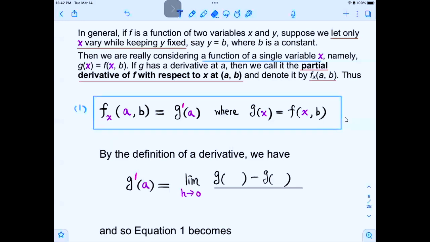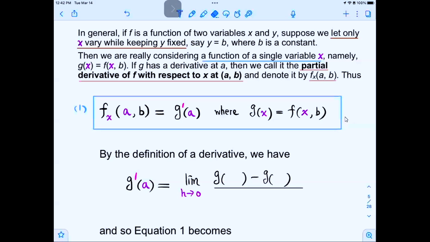So g prime of a is, well, first of all, what is g? G over here is just keeping the y fixed to be b, and here change this. Then g prime of a is actually the partial derivative of the function with respect to x at this a comma b. So only this x here is changed. This second one here is fixed. So I highlighted the one that changed.